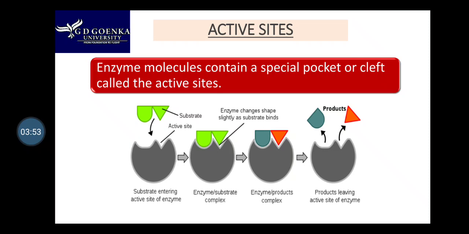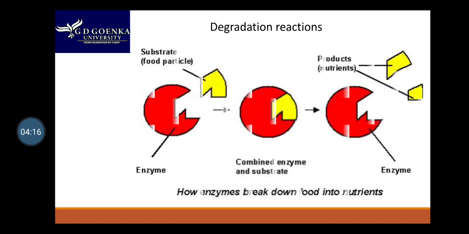So we got the enzyme product complex, and lastly the product which has formed leaves the active site of the enzyme. So the products are the two small pieces that we have got from the large molecule, the substrate.